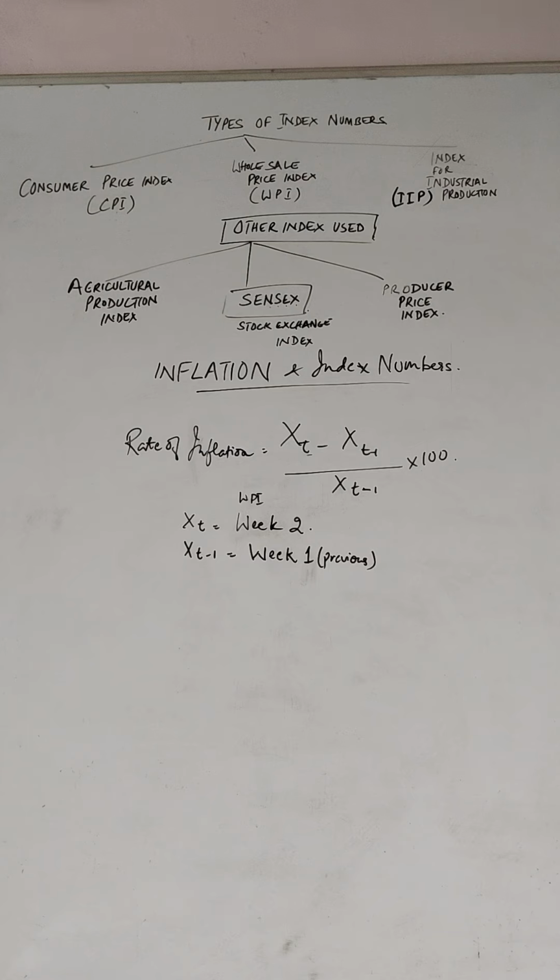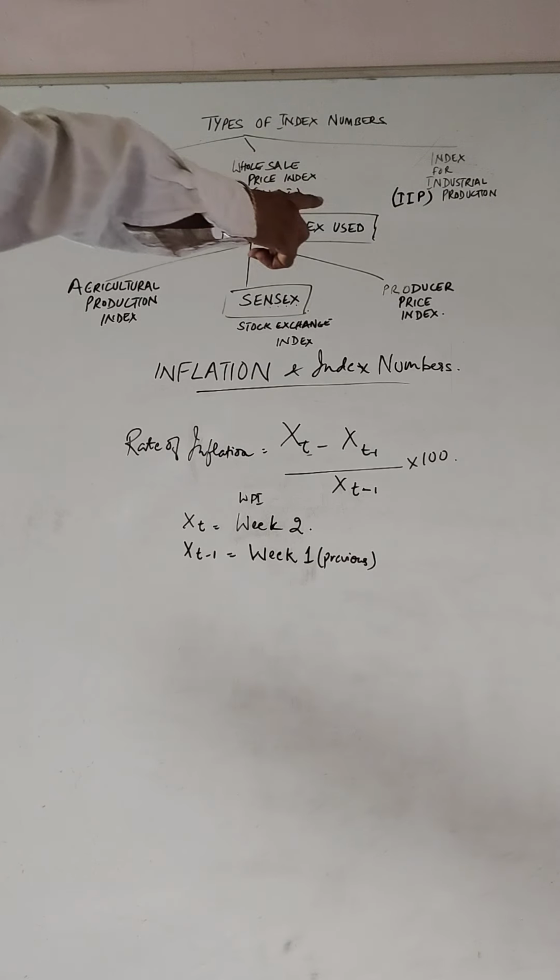So once again, our question is, where do you get these index numbers from? What are the most widely used index numbers? They are the CPI, Consumer Price Index, and the Wholesale Price Index.